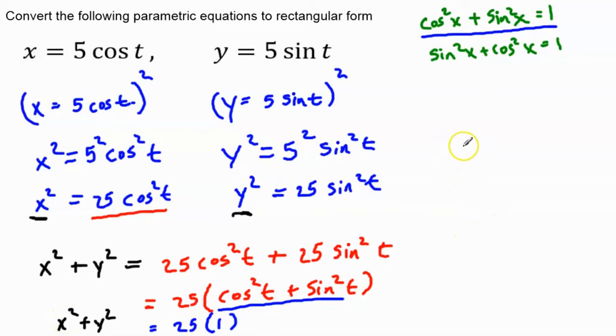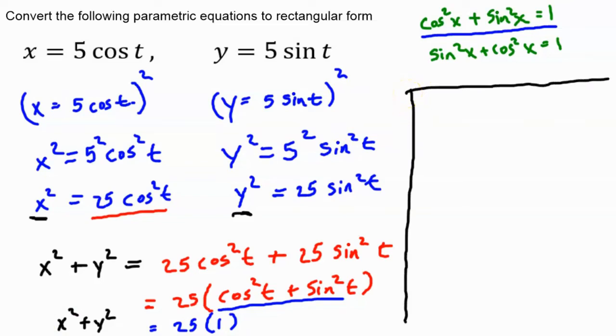And what is 25 times 1? That's easy. So we're going to end up with basically the following. We now have an expression, and we're going to write it here, x squared plus y squared. We already had that part. And then the right-hand side, 25 times 1 is just 25.